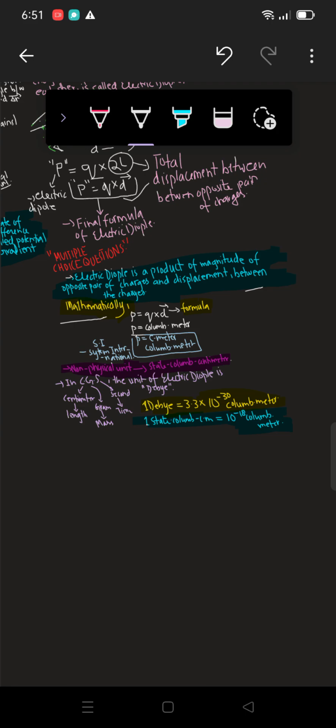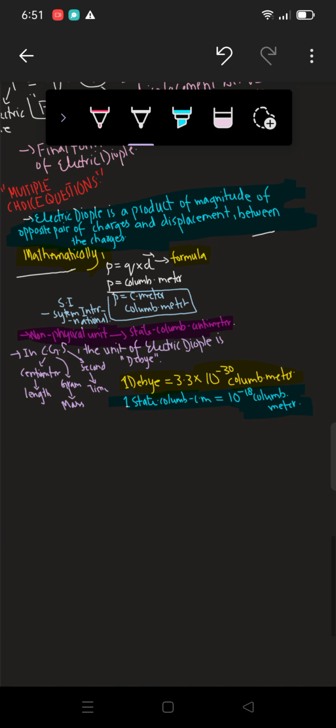Of course, q into displacement, and the unit of charge is the coulomb and the unit of displacement is the meter. So the coulomb meter is the unit of the electric dipole. The SI unit of the electric dipole is of course the coulomb meter.